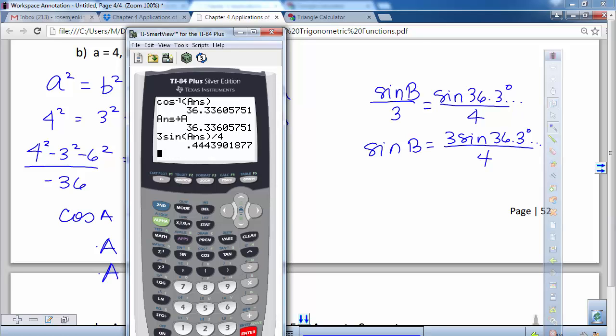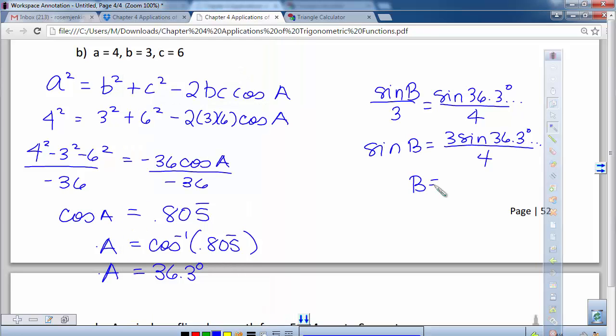Okay, when I do that, I get sine B is equal to 0.44439, or if I use sine inverse, we get B is 26.38, we'll say. I'm going to go on and store that as alpha B. Okay, approximately.